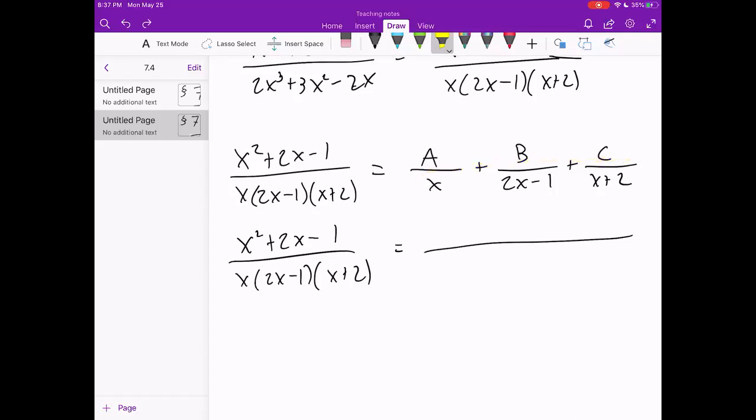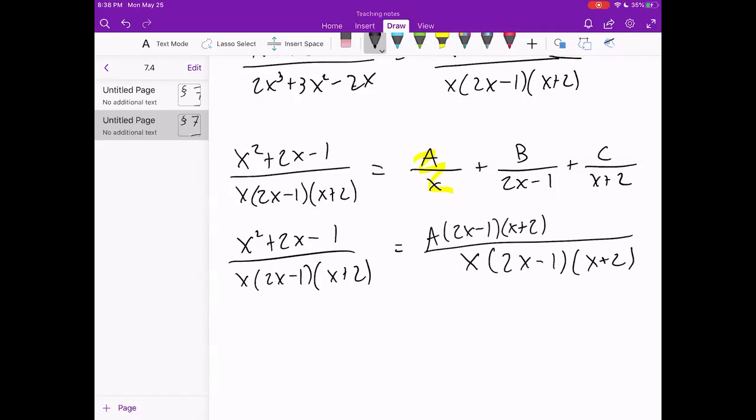Well, it's just going to be the product of all of them: x times (2x minus 1)(x plus 2). And to get that common denominator, you're going to have to multiply A by the denominators of the other two, 2x minus 1 and x plus 2. So we're going to have A times (2x minus 1)(x plus 2).